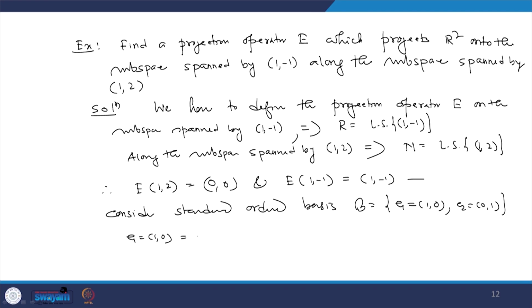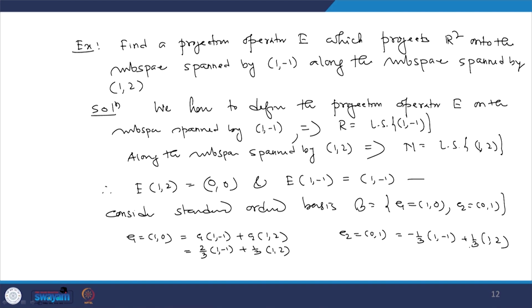So, suppose E1 equals C1 times (1, minus 1) plus C2 times (1, 2). We can quickly check that C1 will be 2 by 3 and C2 will be 1 by 3.